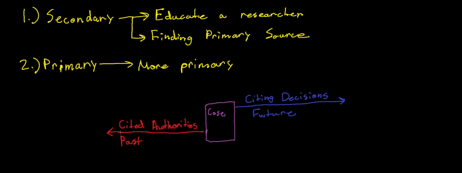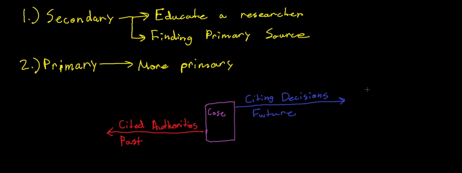So, in the past, a case will use cited authorities, and then looking towards the future, a case will be subject to cited authorities in future cases, and to find these future cases, they're called citing decisions.